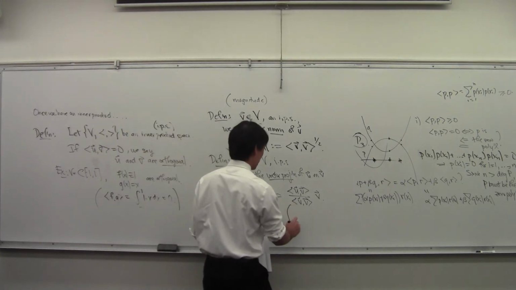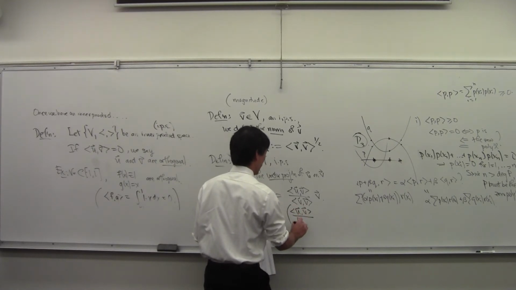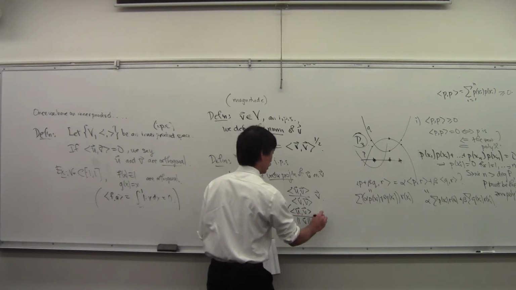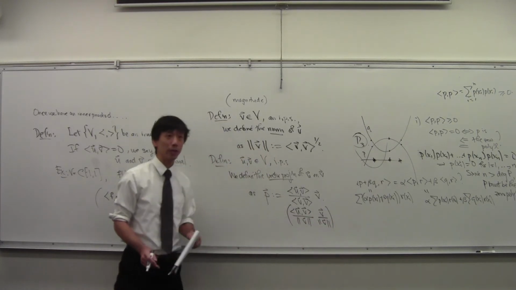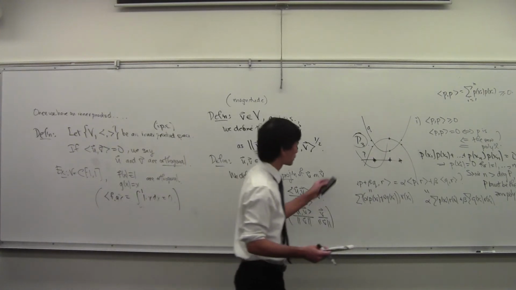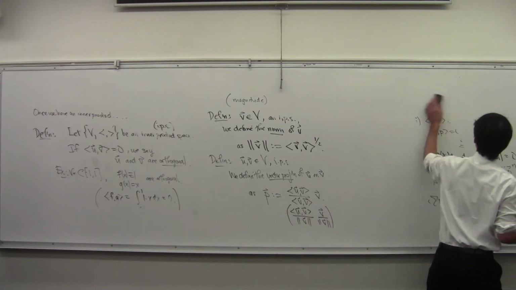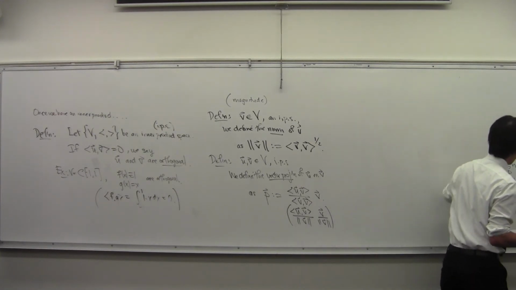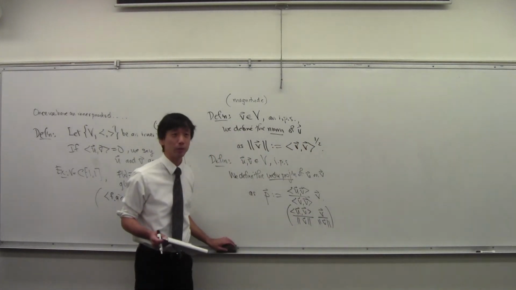Which is the same thing as the inner product over the magnitude of v, times v over the magnitude of v, if you like to think about it that way. So we just take the Euclidean definitions and use them in the general space.